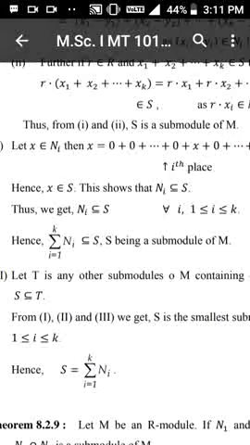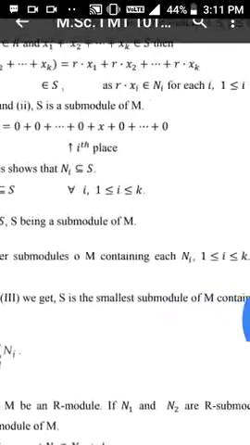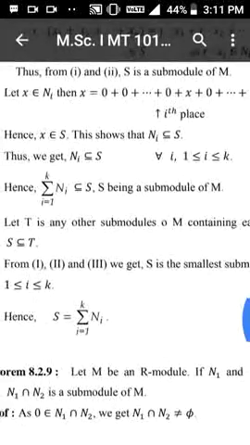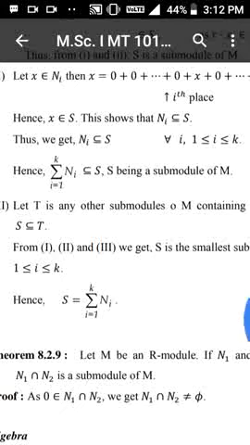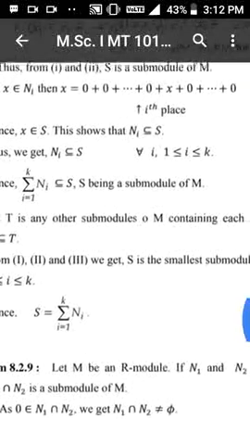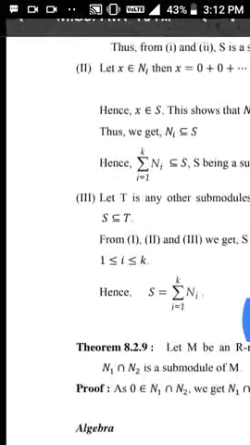Let x belong to Ni, then x is equal to 0 plus 0 plus dot dot plus 0 plus x at the ith place plus 0 plus dot dot plus 0. Hence x belongs to S. This shows that Ni is a subset of S. Thus we get Ni is a subset of S for all i, 1 less than or equal to i less than or equal to k.